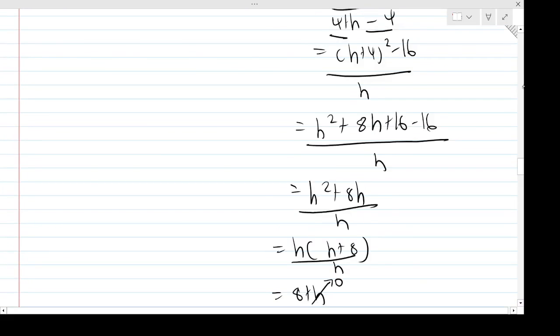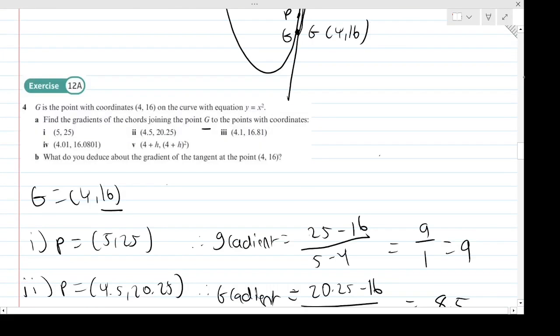Remember the h here, I'm starting with P at 5, so the gap is going to be 1 between 5 and when G is 4 for x. Here, then it's 4.5, so the gap is now 0.5. And then here in part 3, we're now at 4.1, so it's getting closer to 4, right? So that means h is 0.1, and then here, h will be 0.01.